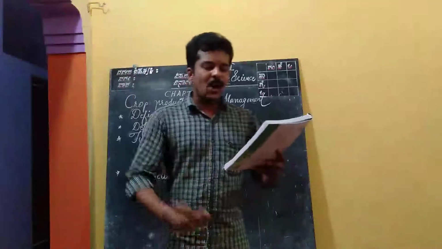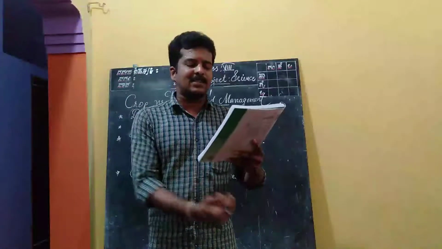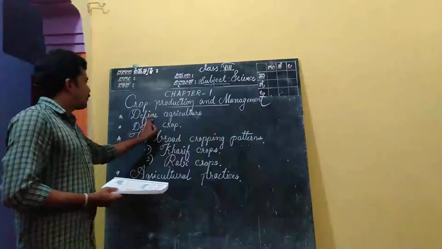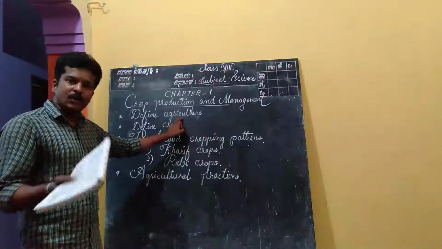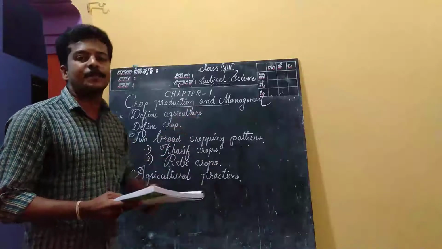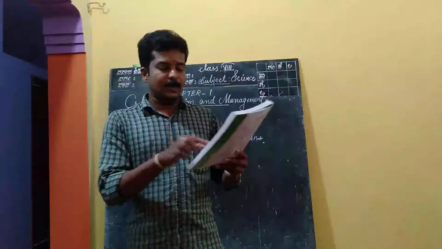When plants of the same kind are cultivated at one place on a large scale, it is called a crop. As I told you, the definition for agriculture I told you before. Now the definition for crop. What is a crop? Just underline the first line of this paragraph.